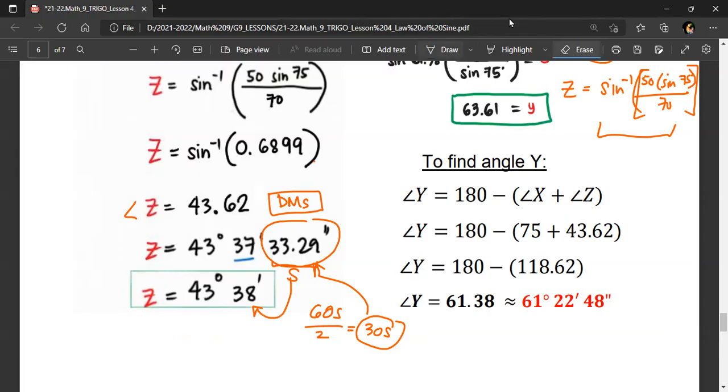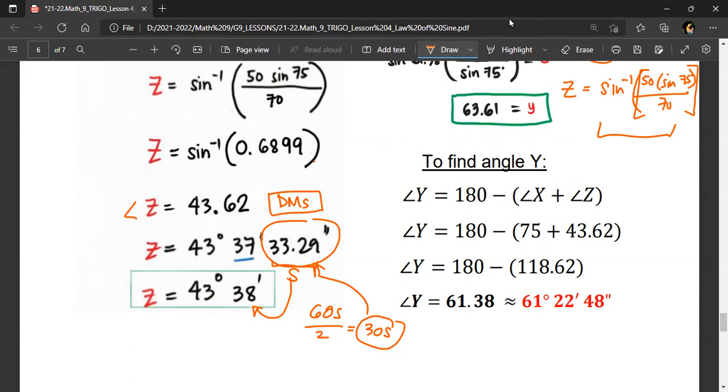It exceeded the half, which is 30 seconds, because it's 33.29 seconds. We will add 1 minute to the next unit of measurement, which is minutes.